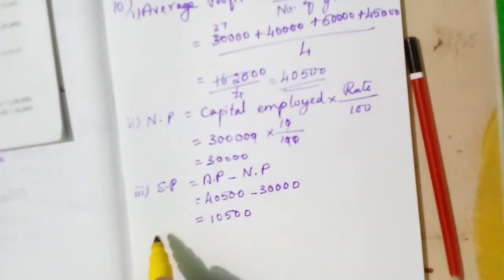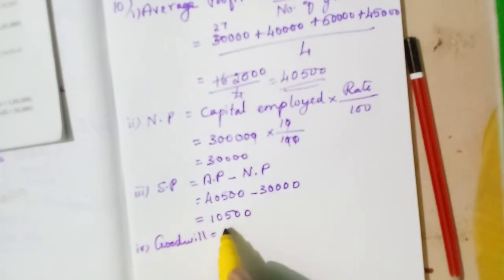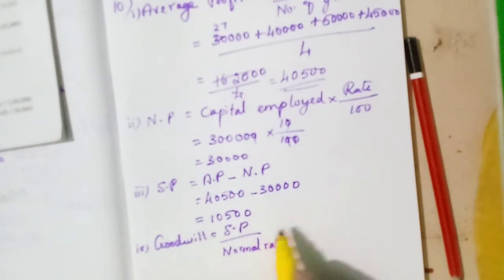Isn't it? Now we need to calculate the goodwill. Write the formula: super profit divided by normal rate of return into 100.